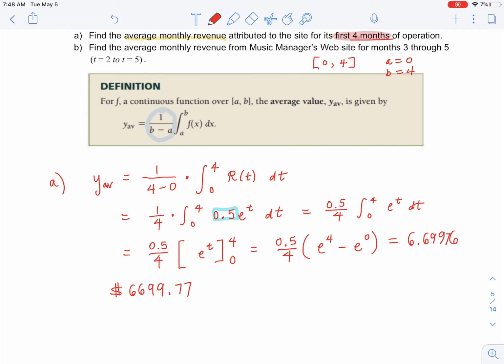Find the average monthly revenue from Music Manager's site for month 3 through month 5. I guess month 1 is 0, so when they said month 3 to 5, we're using 2 to 5.